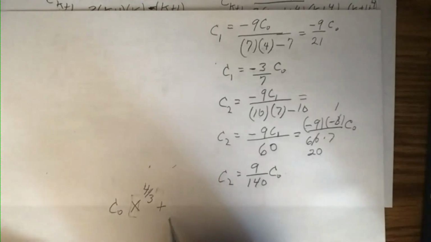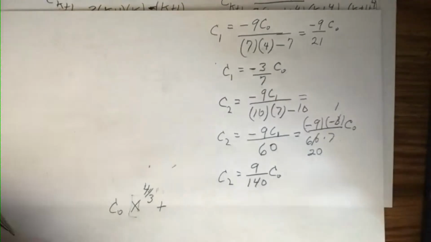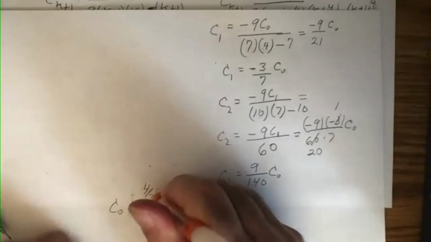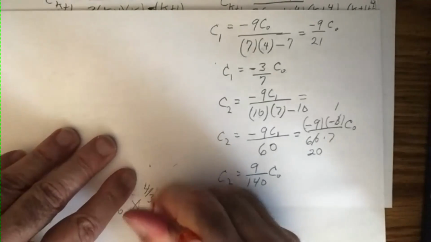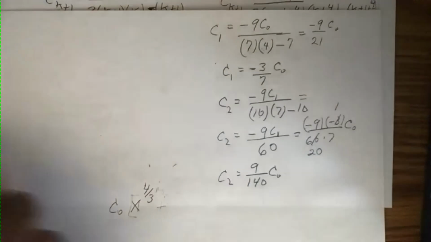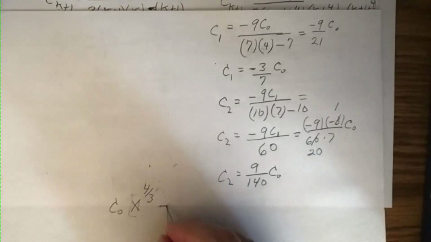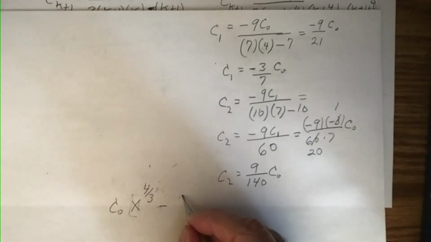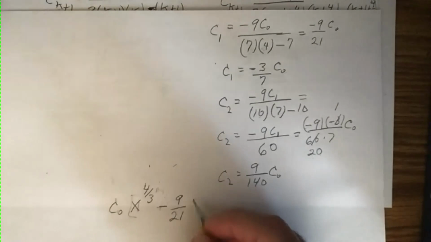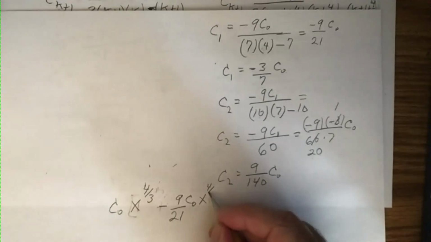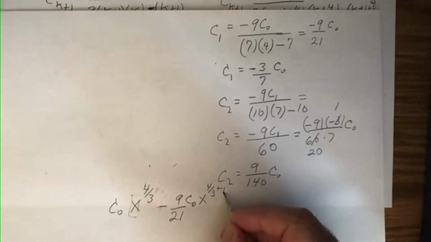My second term is going to be minus 9 over 21, C0, and then it's going to be X to the 4/3 plus 1, right?